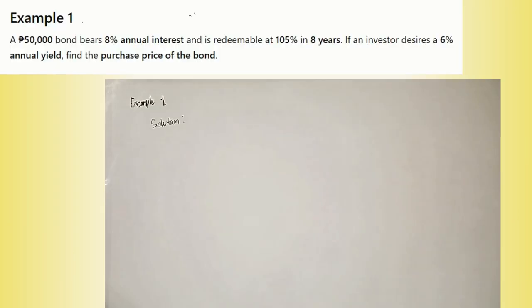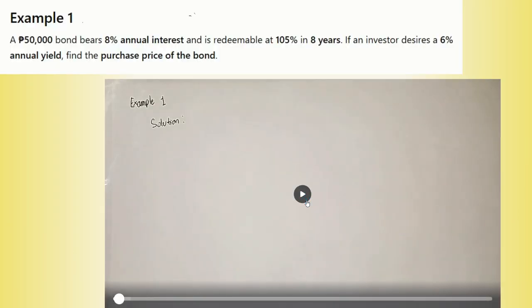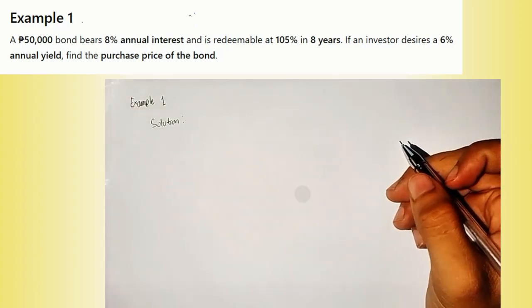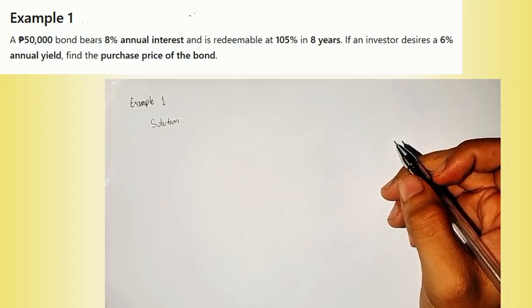Now, I have here example 1. We have a 50,000 bond that bears 8% annual interest and is redeemable at 105% in 8 years. If an investor desires a 6% annual yield, find the purchase price of the bond. Now, I'll show you my video solution. Number one, we are asked to find the purchase price of the bond.